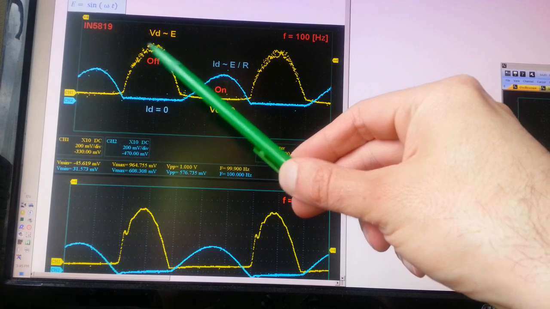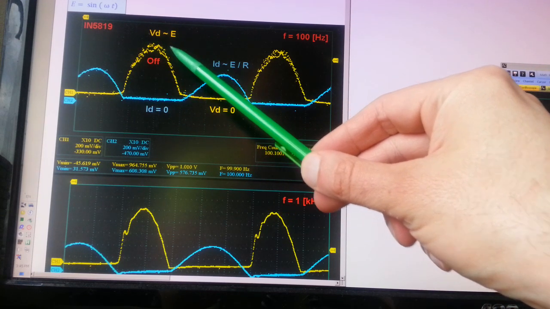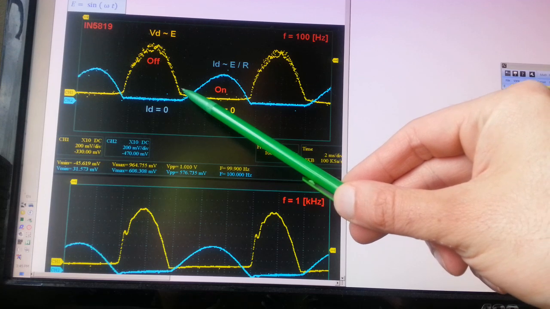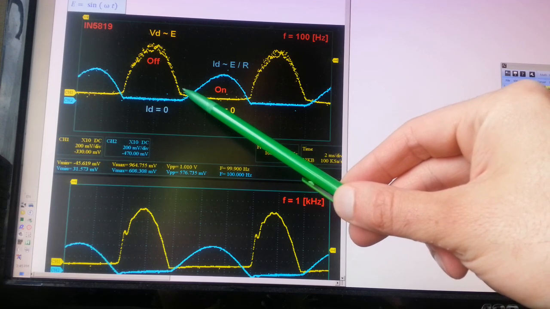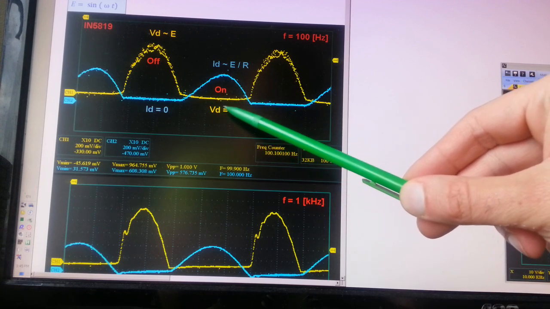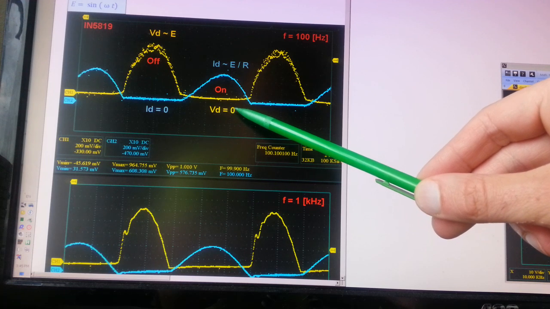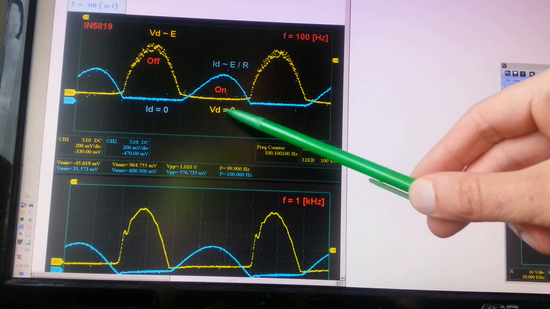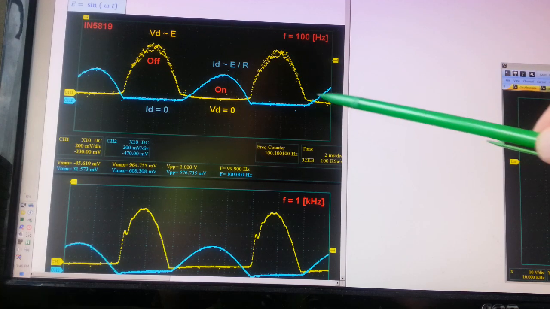When the diode is off, we have basically the voltage proportional to the power supply. When the diode is on, we have the drop on the diode equivalent to the direct voltage across the PN junction, 0.2 to 0.7 volts, and then it repeats again.